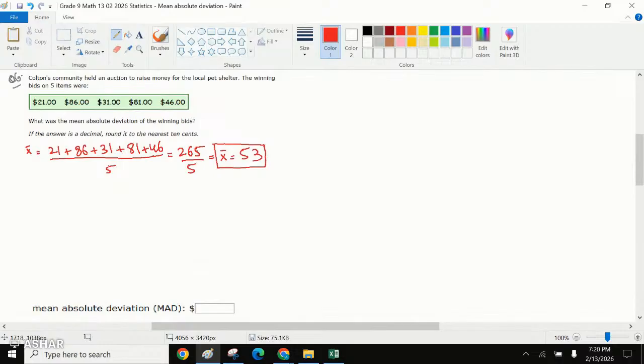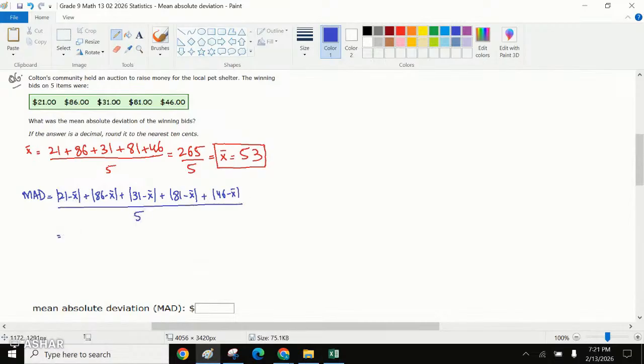Let's try to find the mean absolute deviation. In mean absolute deviation, we know that each number would subtract the mean. 31 minus the mean, 81 minus the mean, and 46 minus the mean, divided by the number of values.